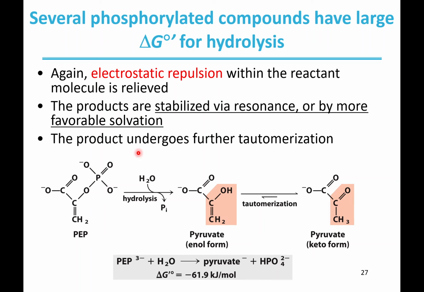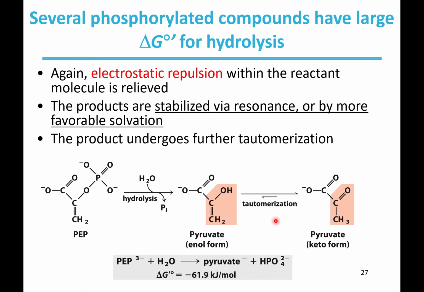The product can undergo what's known as tautomerization, which drives that reaction forward even more. After it loses the phosphate group, it will change into a different molecule and be further stabilized.